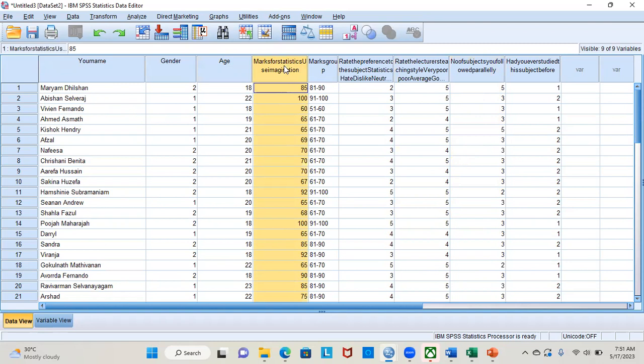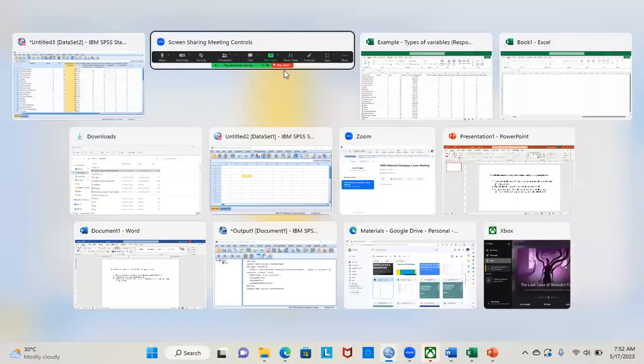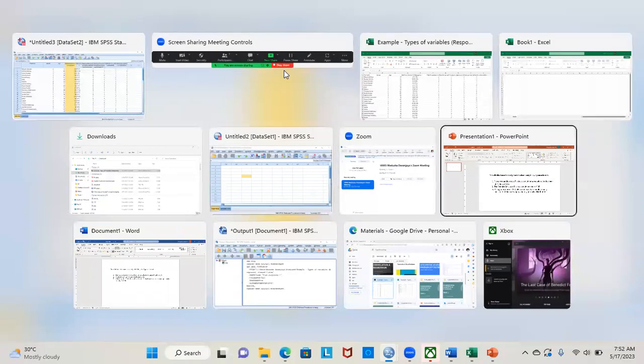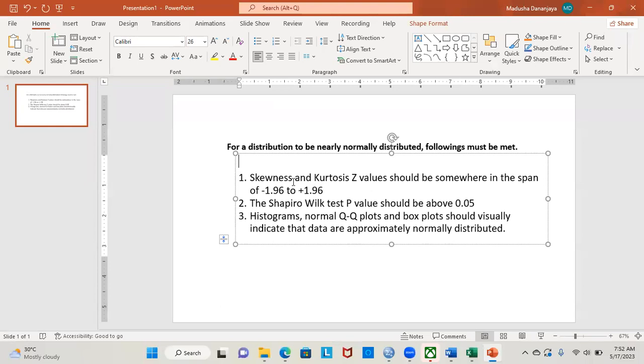Now remember, when you want to see whether the distribution of any variable is approximately normally distributed or not, you need to see three criteria. For a distribution to be nearly normally distributed, the following must be met. First, skewness and kurtosis Z value should be somewhere in the span of minus 1.96 to plus 1.96.